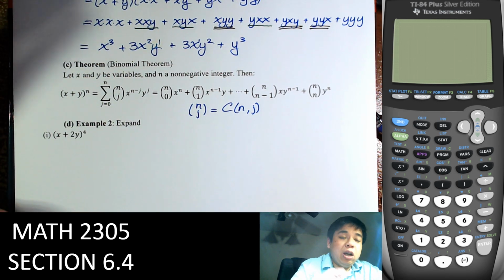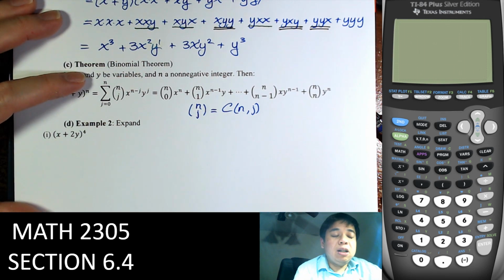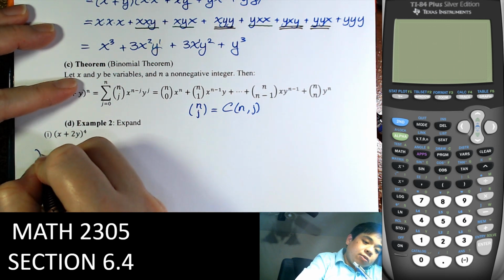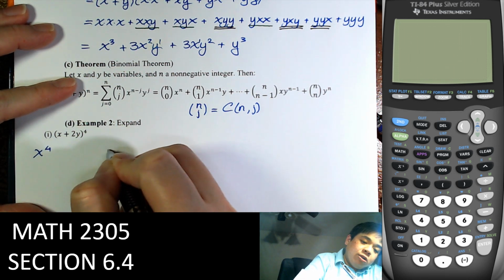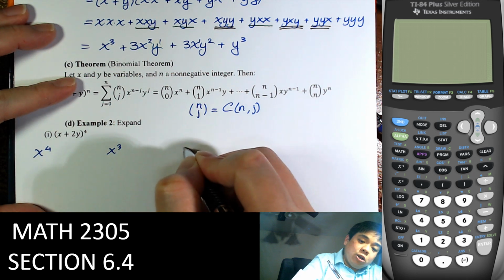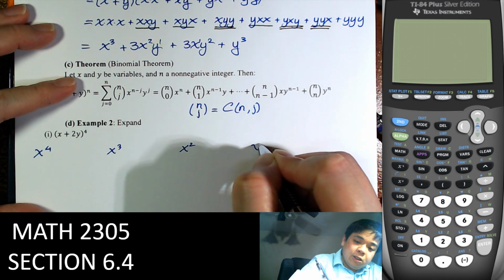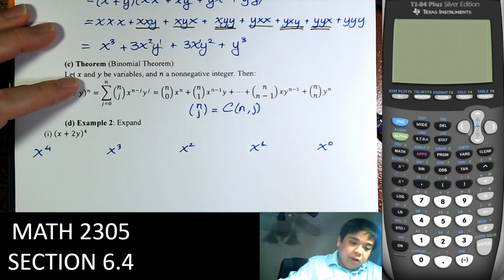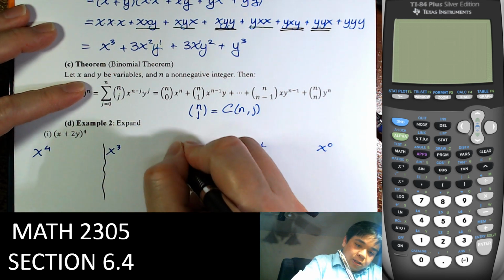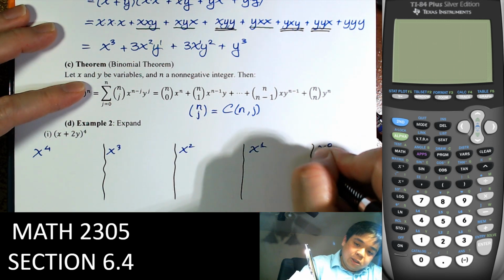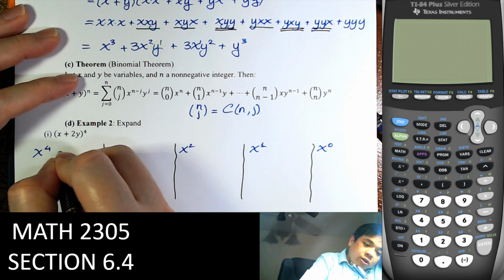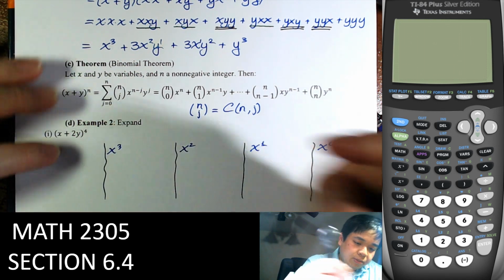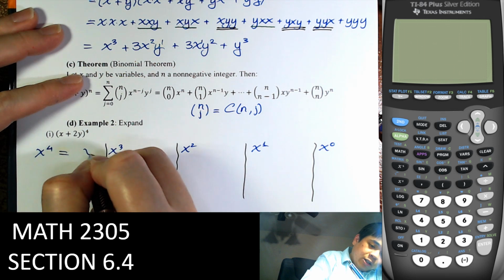Let's say we try to expand this. In that case, what I would do is write the first term with decreasing power, and give a lot of space in between. And then we have columns. x to the fourth, there's nothing else, I just want to write x to the fourth.